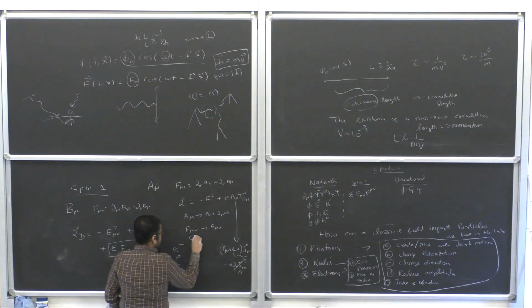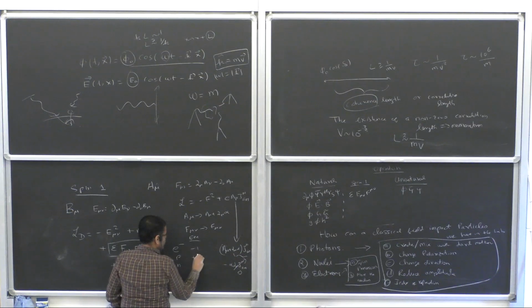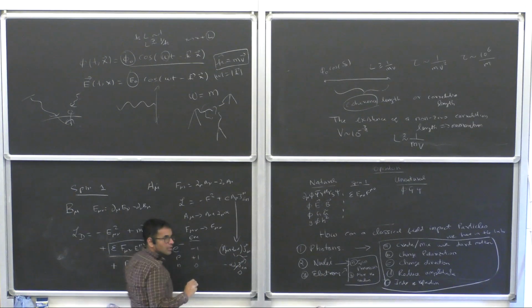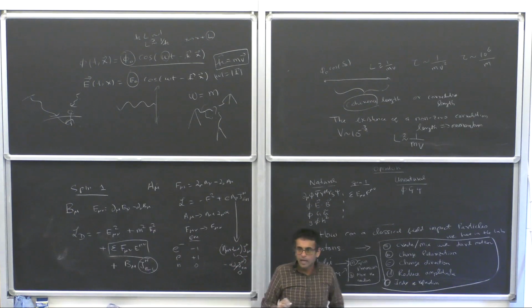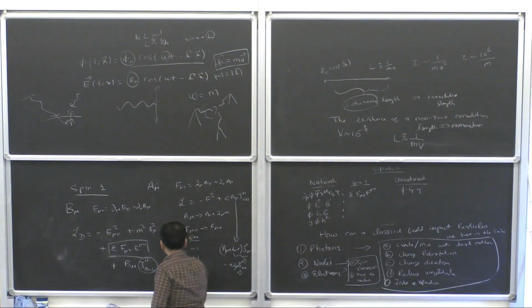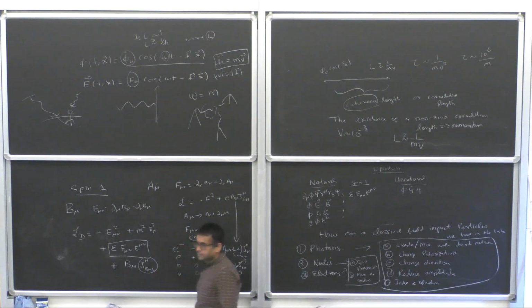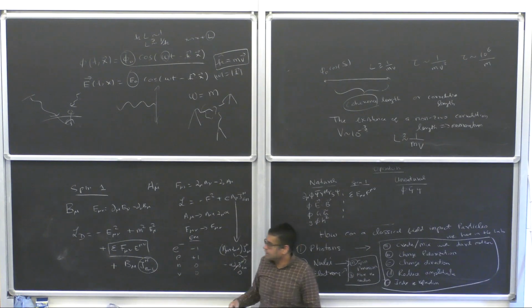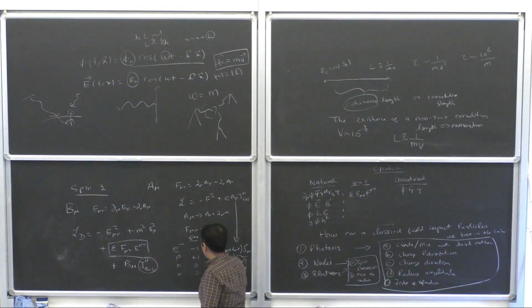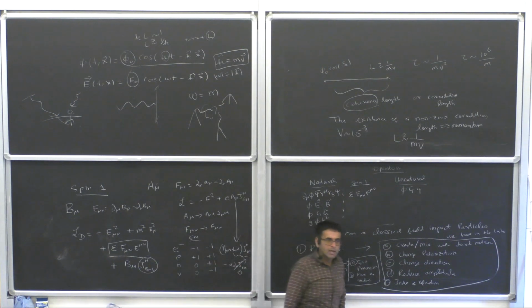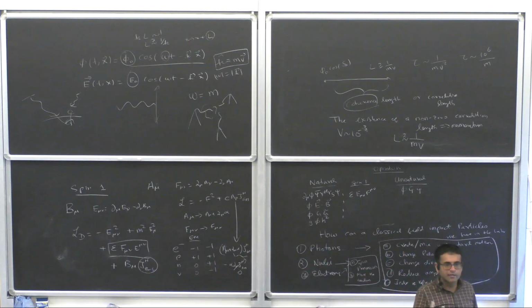Under electromagnetism, the electron has charge minus 1, the proton has charge plus 1, the neutron is neutral, right? And the neutrino is also neutral. Under B minus L, the electron is negative 1, the proton is plus 1, the neutron is plus 1, and the neutrino is minus 1. Okay, that's another charge assignment that you can actually give that's consistent.